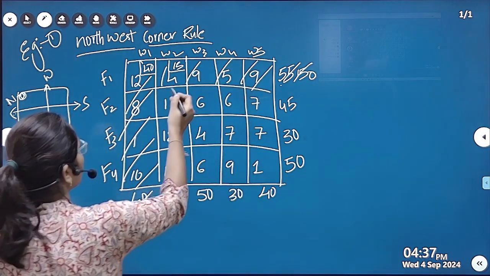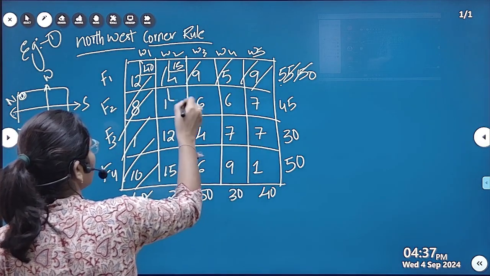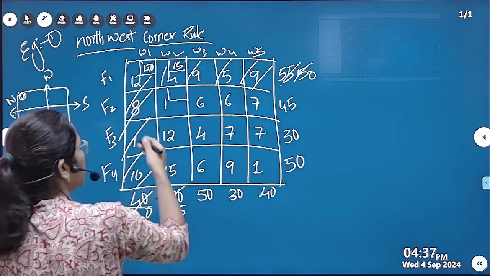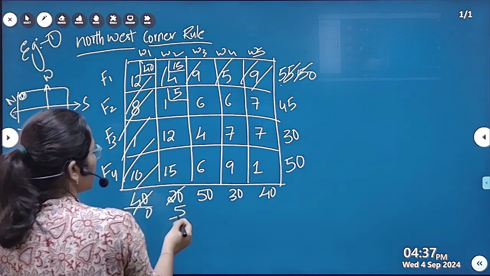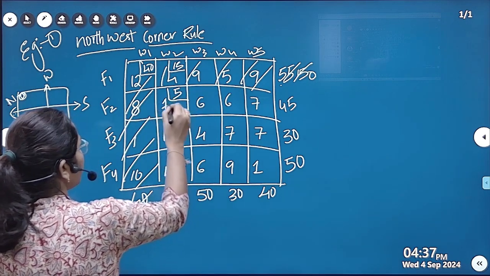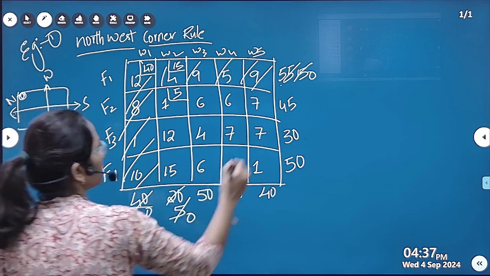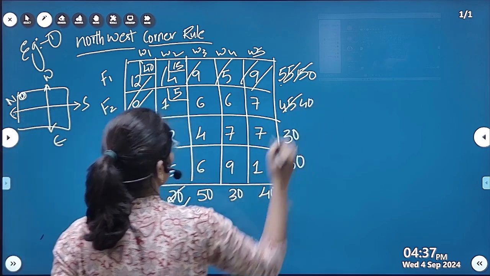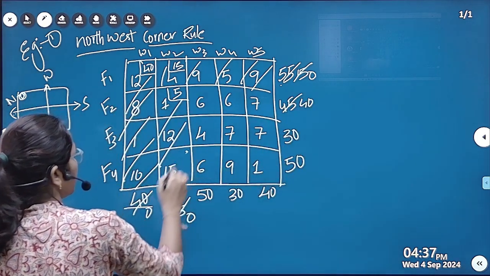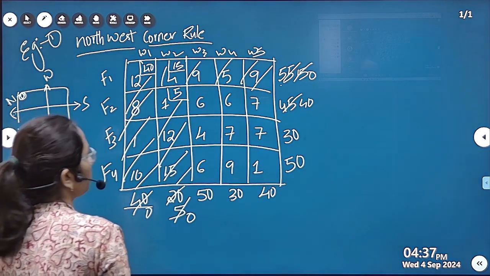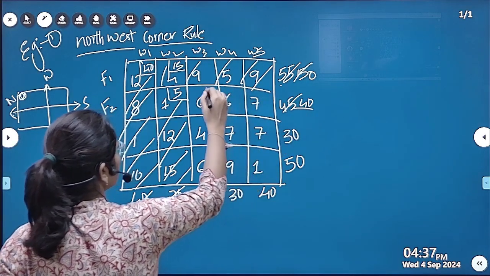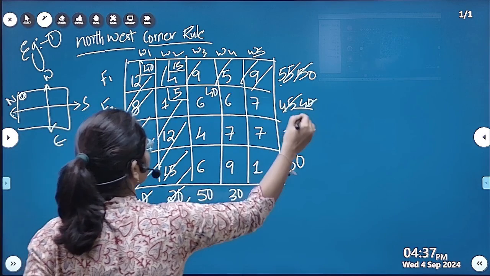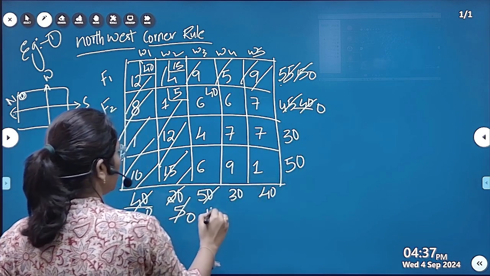Next northwest corner will be this one because it's already crossed out. So here there are only 5 units, right? So write down this 5 units. So it will become 0. Here it will be 40. So scratch down this. So next northwest corner here there are 40 units, right? So write down the 40 units, 0, and here still 10 units will be there.